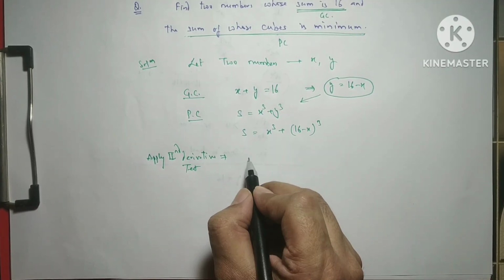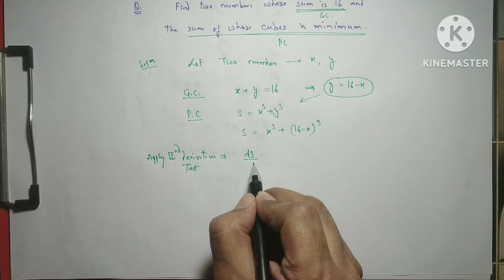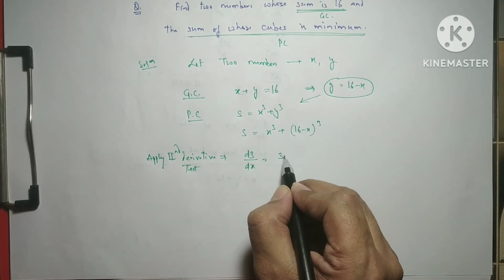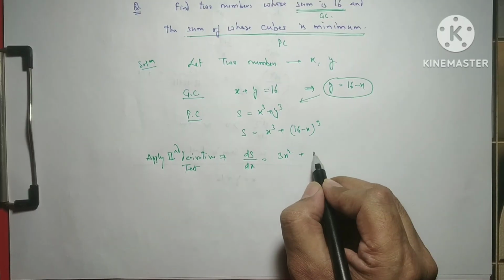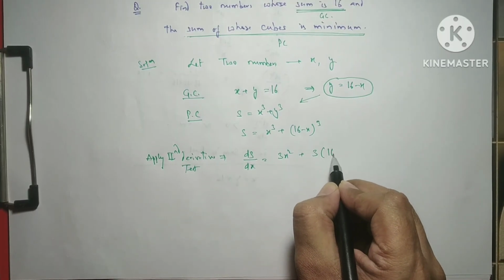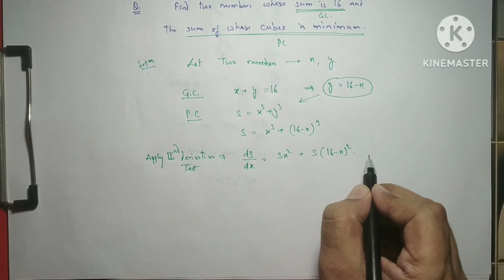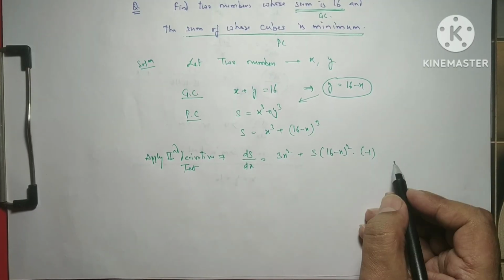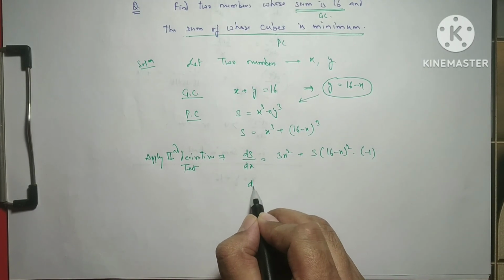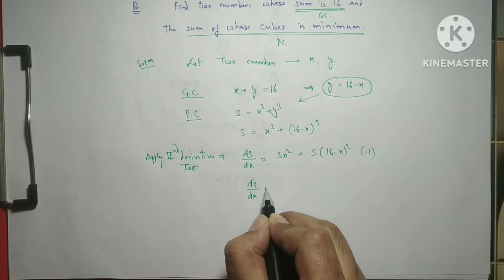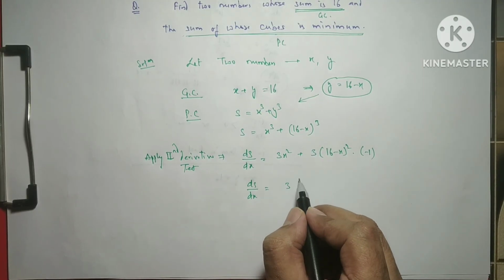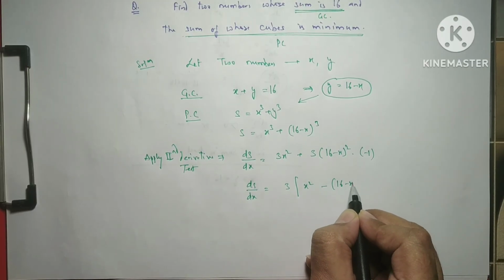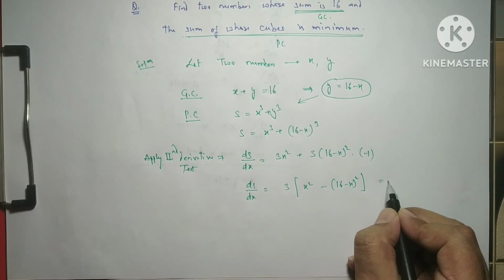So we differentiate the summation of cubes. So it will be 3x square plus thrice (16 minus x) square into minus 1. So we set ds over dx to 0, that is 3x square minus 3(16 minus x) square equals 0.